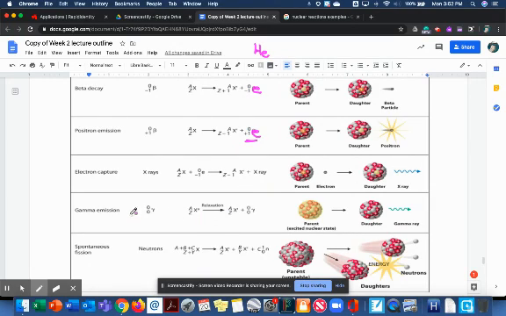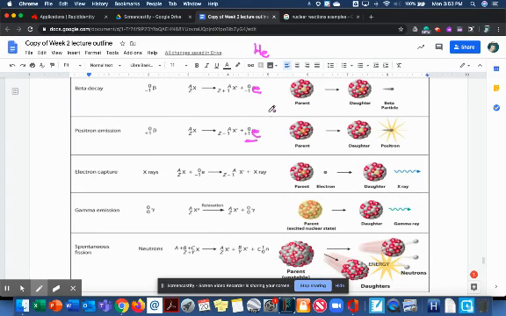Gamma emission, things that decay by gamma emission produce very high energy gamma rays. That can happen in many different ways. You can have an isotope that is excited, higher energy, and it's releasing energy, and it can form gamma rays.